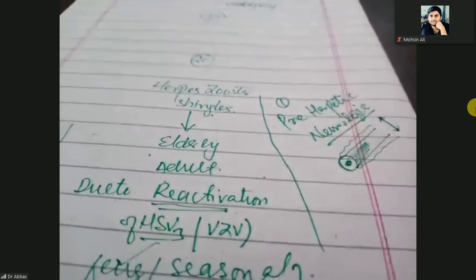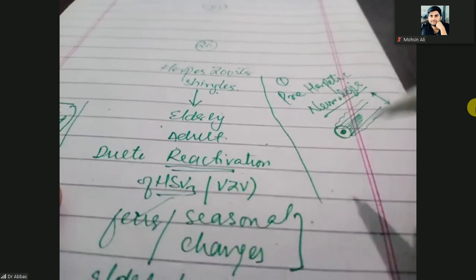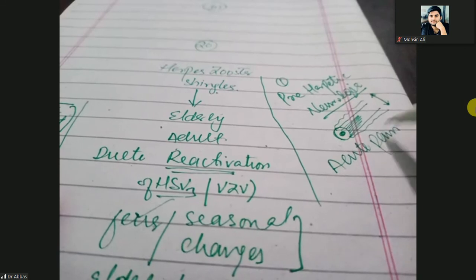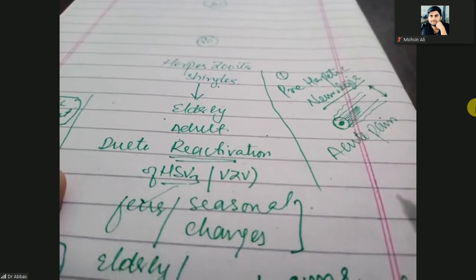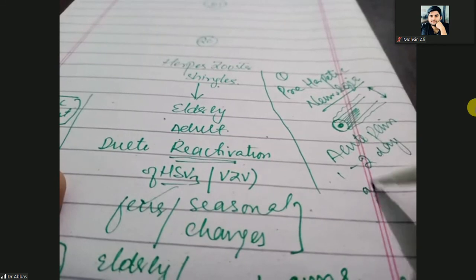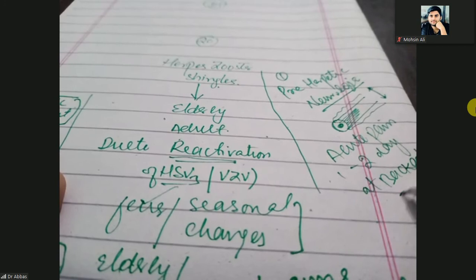Such a pain is before the presence of the herpetic vesicles or grouped lesions. So you will feel a pain, and that pain is very acute. Preherpetic neuralgia is an acute pain that will remain for 1 to 2 days at the back, or backache.